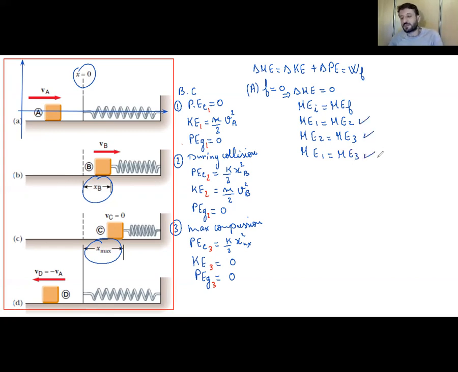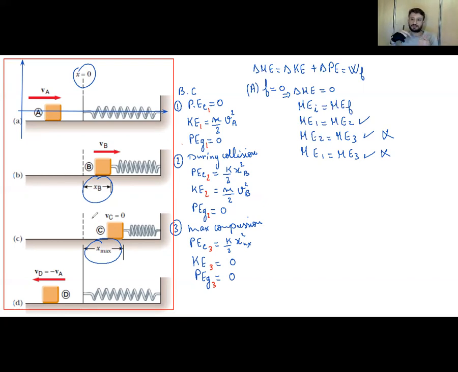It depends on our problem. I want to calculate x maximum, which occurs during the third state.